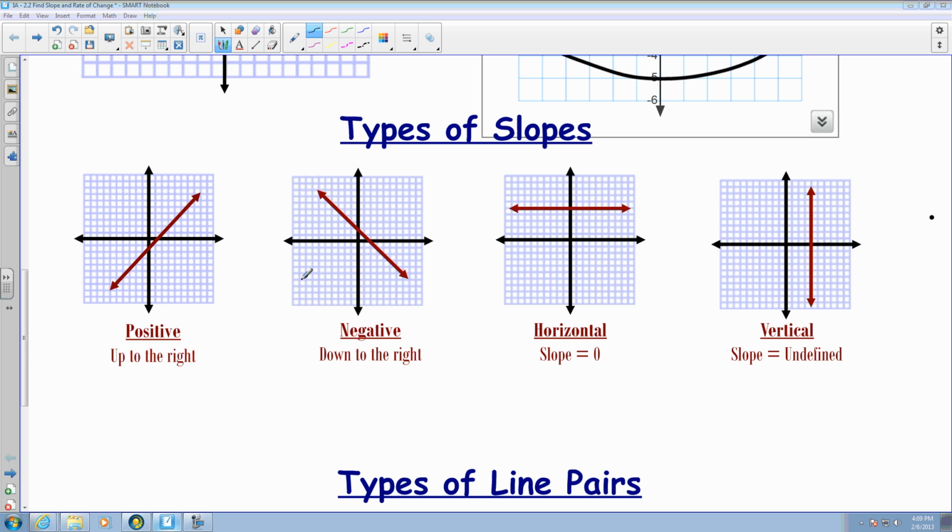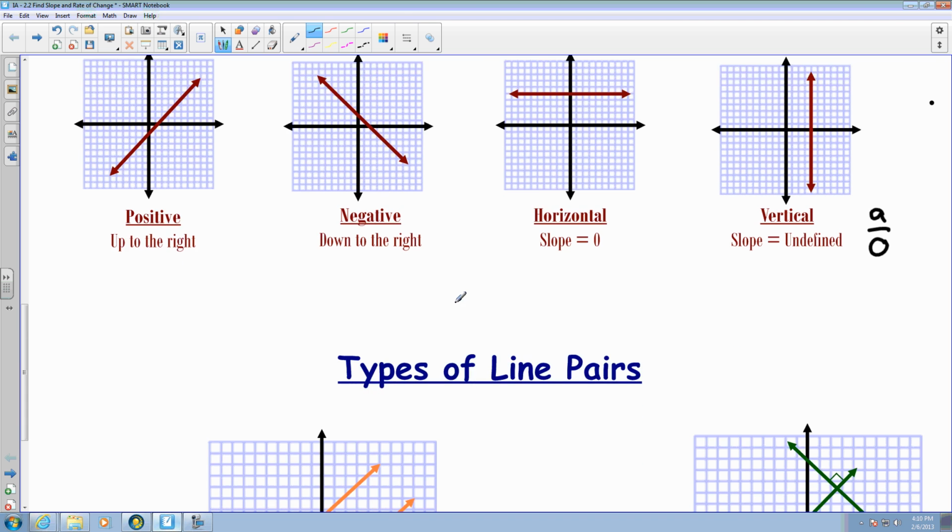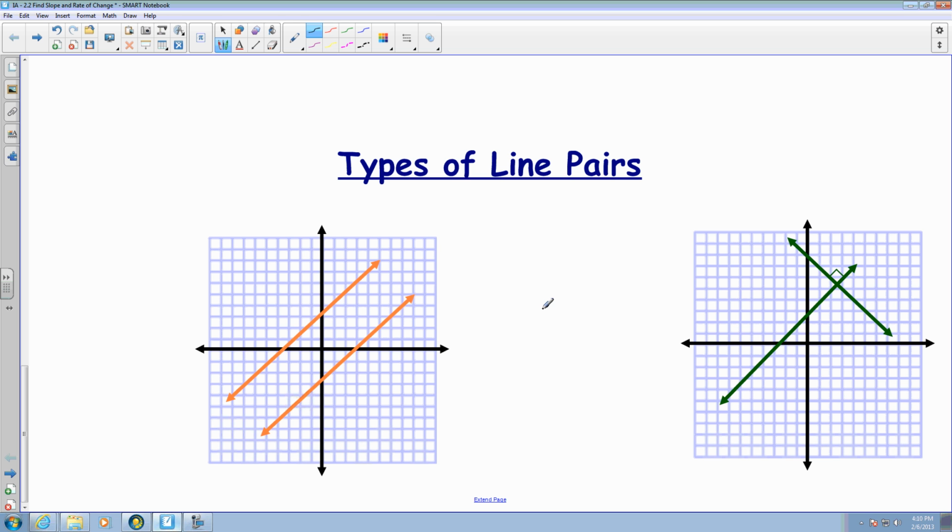It's either one or the other. A horizontal slope means it has a slope of 0. And with a vertical slope, our slope is undefined, which means whatever value is on top, it's divided by 0.